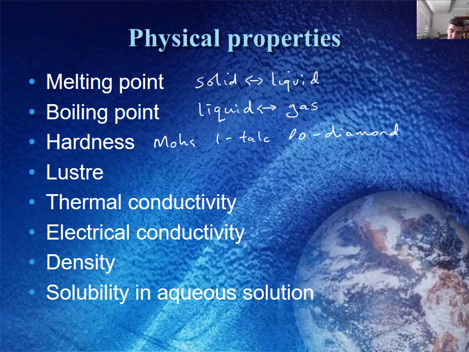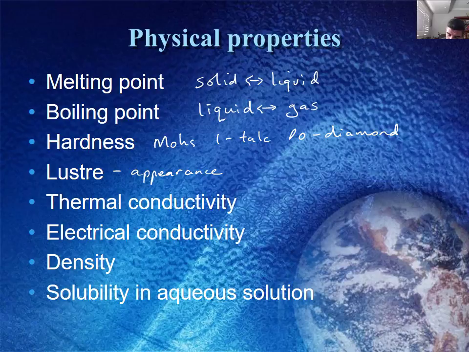Luster is the appearance. So often we will describe appearance in terms of shiny or dull, colorless, not clear. It could be clear, but that doesn't tell me about its color. So colorless, color is obviously another important property, and it's a physical property.